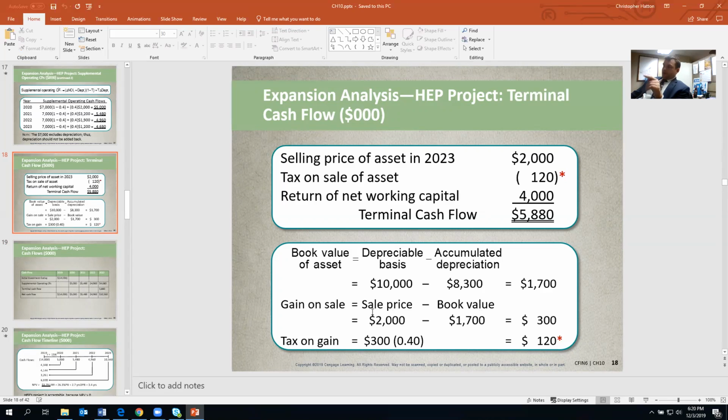And then your salvage value minus your book value is 300. And you multiply the tax rate by the gain. And then sometimes it's negative, so you could be owed taxes. So scratch that last part. You do not do 1 minus the tax rate on the sale of your asset.